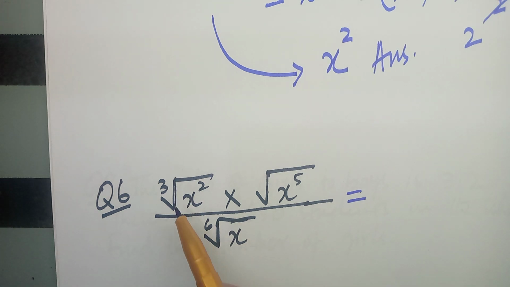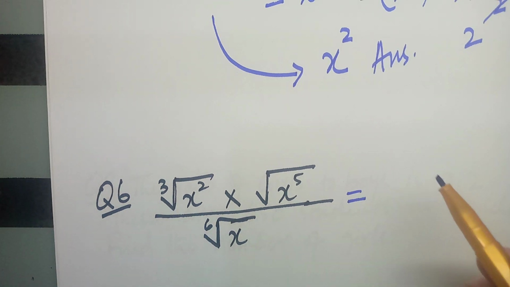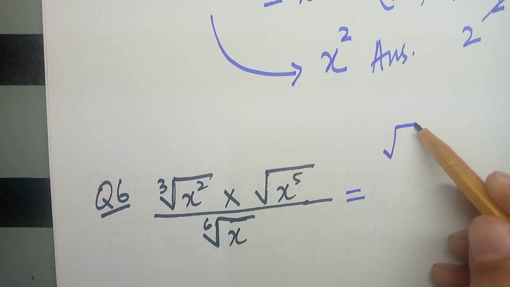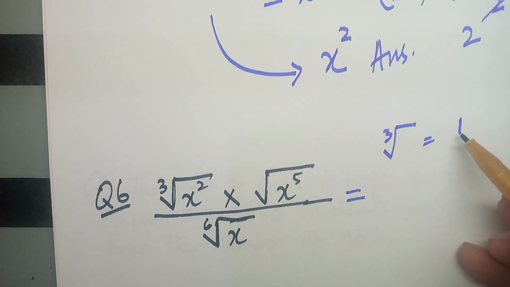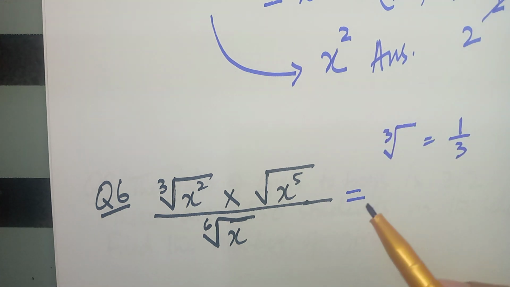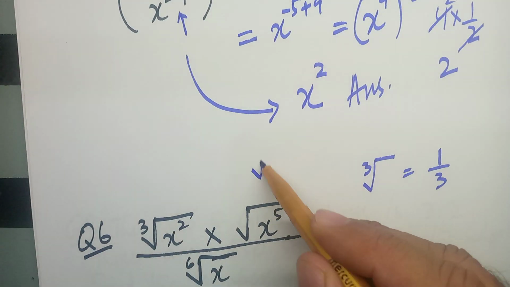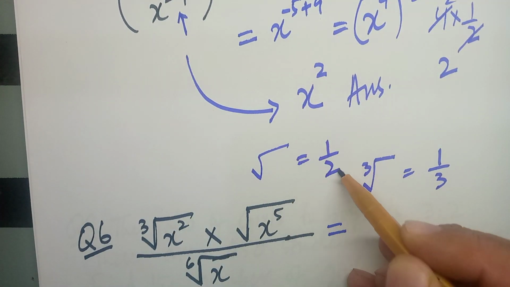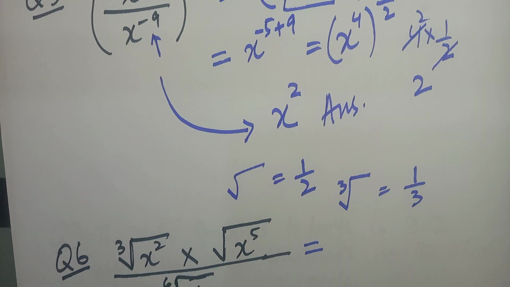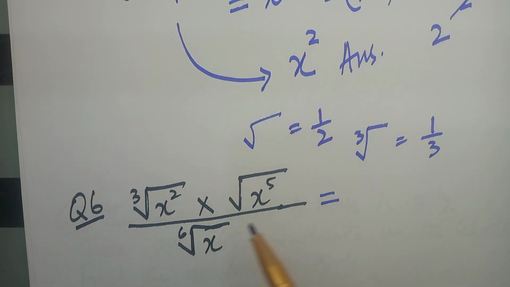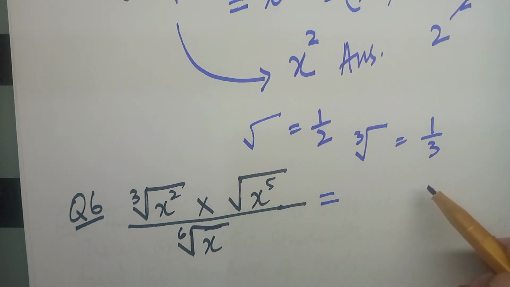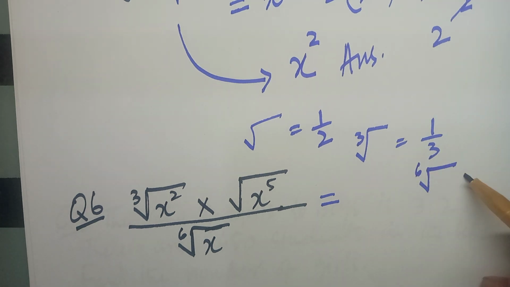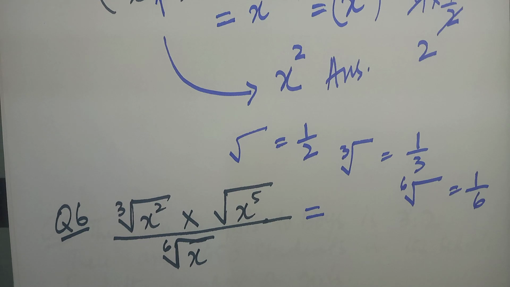So we know that the cube root is equal to 1 upon 3, the square root is equal to 1 upon 2 in the index form, and the 6th root is equal to 1 upon 6 in the index form.